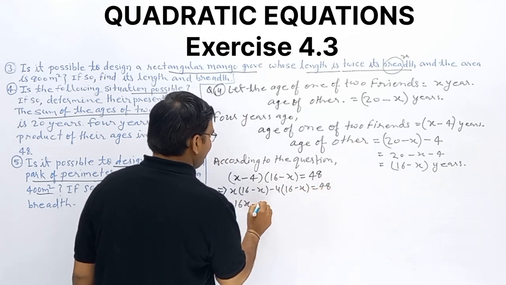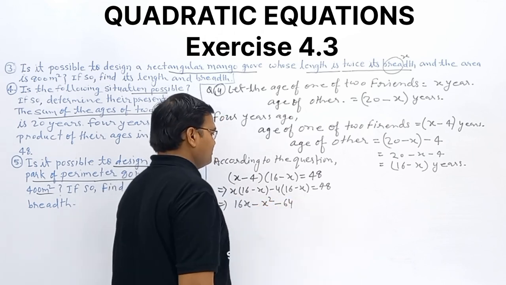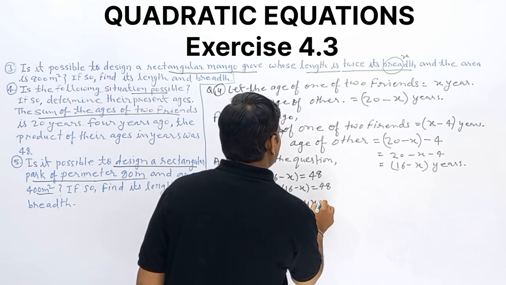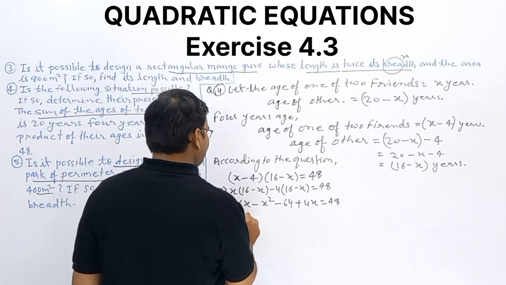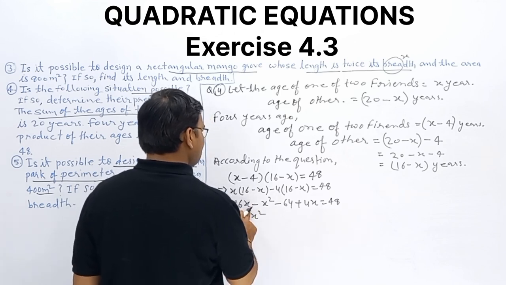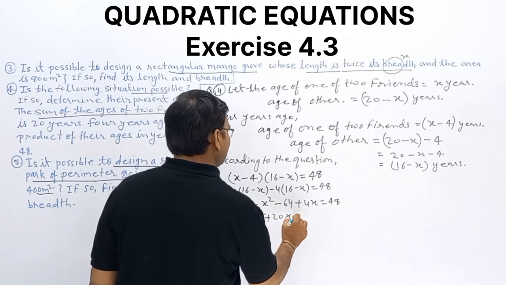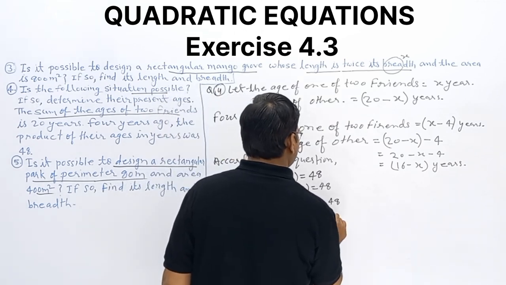Distributive law: 16x minus x square minus 64 plus 4x equal to 48. Solve. Minus x square, 16x plus 4x is 20x, minus 64 minus 48 equal to 0.